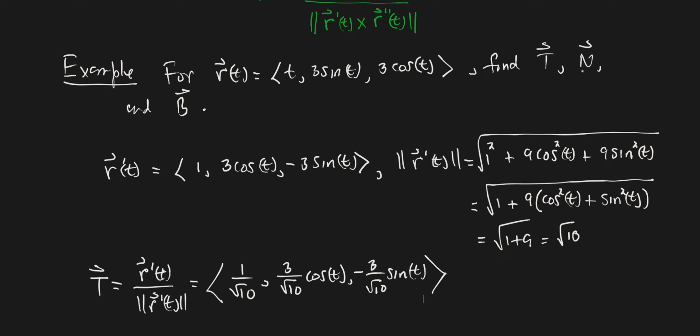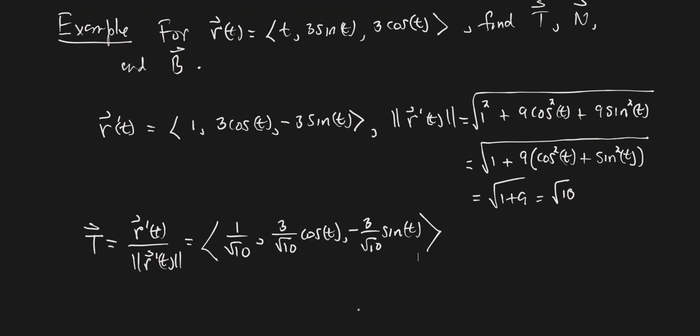Now what about n? So we know, again, the idea is that since this is now a unit vector, it has constant magnitude. In fact, this vector now has a constant magnitude of 1. Well, when I differentiate it, that theorem that we proved guaranteed that we're going to end up with a vector that is orthogonal to this, right? So by differentiating a vector with constant magnitude, you're going to get a vector that's orthogonal to it, right?